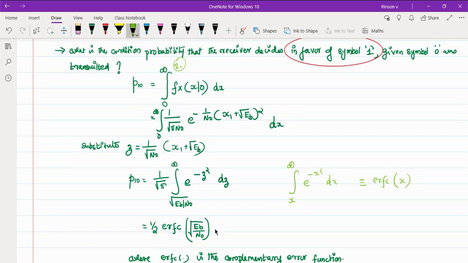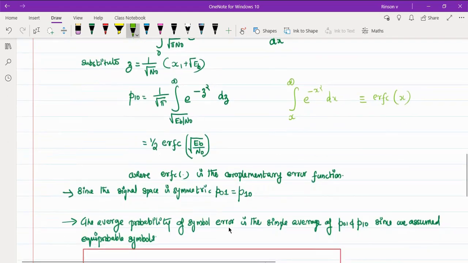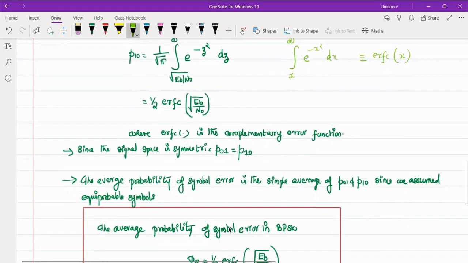That probability p10 is equal to half erfc of root Eb by N0. Similarly, p01, where I had transmitted symbol 1 but decided in favor of symbol 0, will be exactly equal to p10 because the signal space is symmetric.